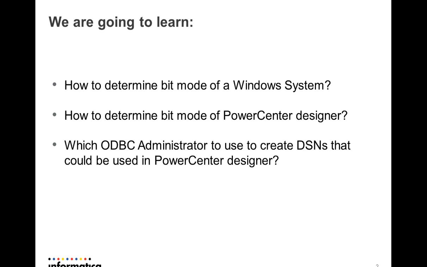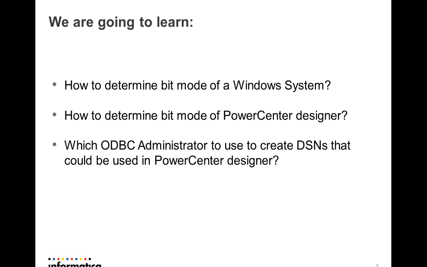So the Power Center client looks for a 32-bit ODBC administrator, and hence it looks for the DSNs created in the 32-bit ODBC administrator, either in a 32-bit Windows machine or a 64-bit Windows machine.